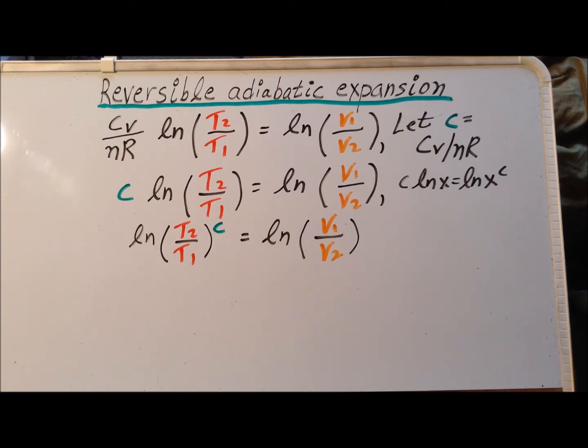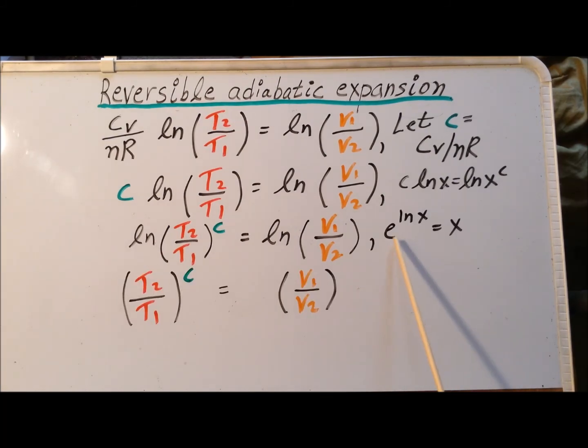And we're going to use yet one more property of the logarithm, that e to the natural log of x is simply equal to x. So that gives us on each side that now we have T2 divided by T1 to the c power, no log, is equal to V1 divided by V2 with no log.